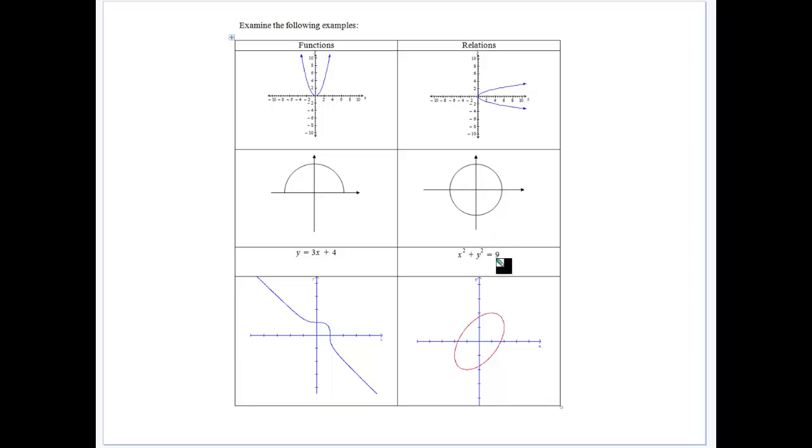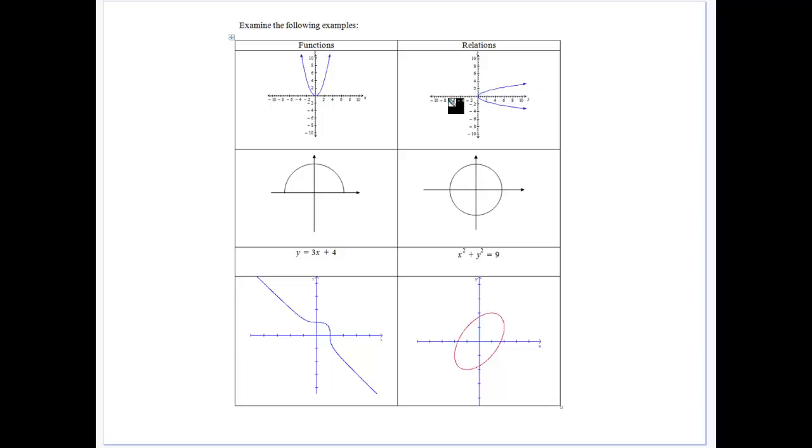Now we saw relations when we talked about our relations there, but all these ones over here are functions. All these ones over here are relations. If we compare and contrast, sometimes we can have all x values or all y values. Like this one can be a restriction in our y values.